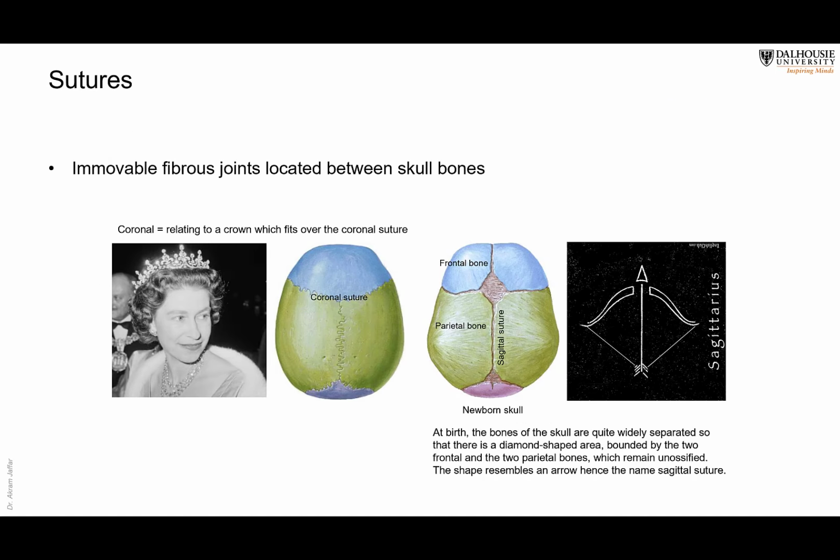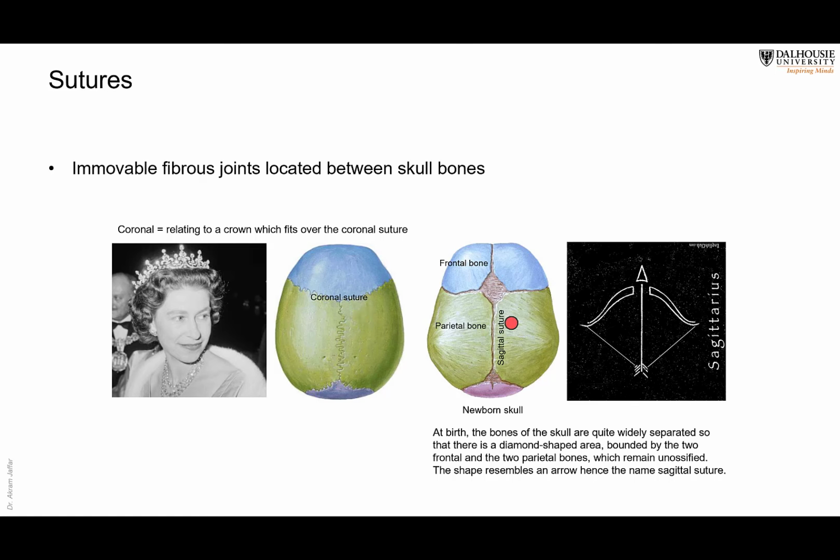Now between the bones of the skull, I hope that you remember this slide. This was the exact same slide used in the first lecture. And you can see that between the bones of the skull there are joints which are called sutures. These are fibrous joints, immobile joints in the adult.